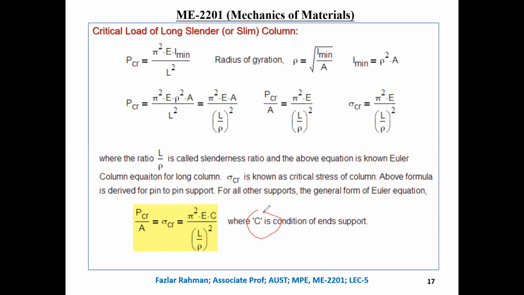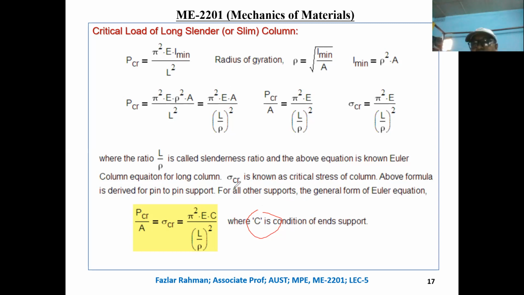The Euler equation we derive for the pin-to-pin condition. But what does pin-to-pin condition mean? Anyone? Let me explain. You see my pen, right? If I hold it between 2 fingers, what does it mean? I hold it tightly. That means I am not allowing this pen to move in the upward direction, and it will not move in the horizontal direction. That means in the XY direction it cannot move because I hold it with the pin support.